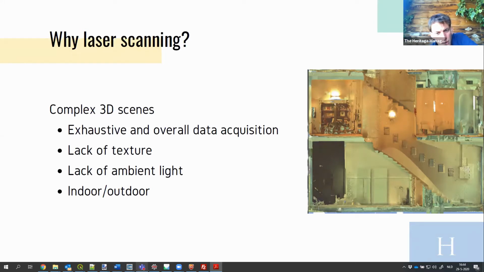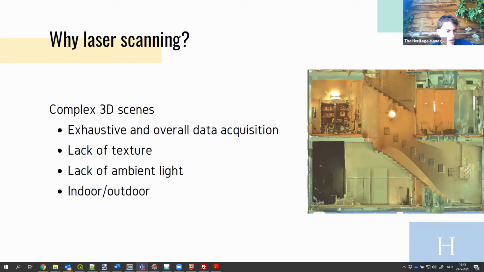Another very important advantage of laser scanning is that since we are working with an active system, generating and emitting our own signal to our environment and recording the echo, we don't have to deal with the big disadvantage of photogrammetry, being the lack of texture in our object. Maybe you have experimented with photogrammetry and taken a very flat surface or a very glossy surface or a surface that just doesn't have any texture in it.